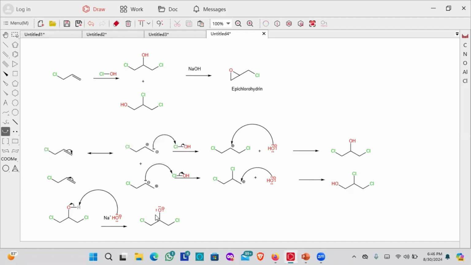Let's just try to use this. And so the chlorine is going to be removed. So this is going to form the ring, and it's going to form the epichlorohydrin.